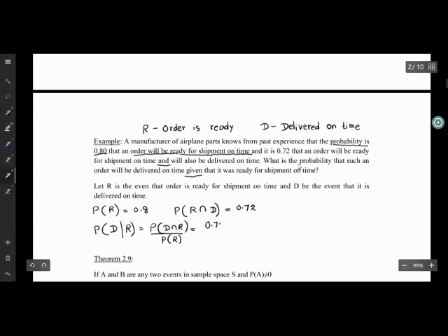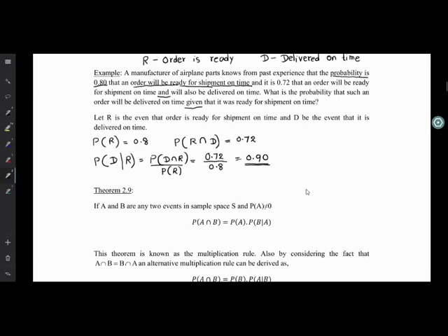Intersection is 0.72. Probability the shipment is ready for order is 0.8. If you do this calculation, you will get 0.90 or 90%. So this is how you use the definition to calculate conditional probability.